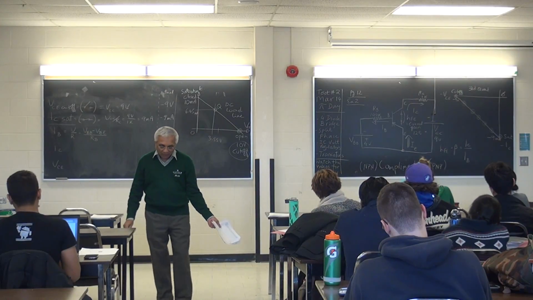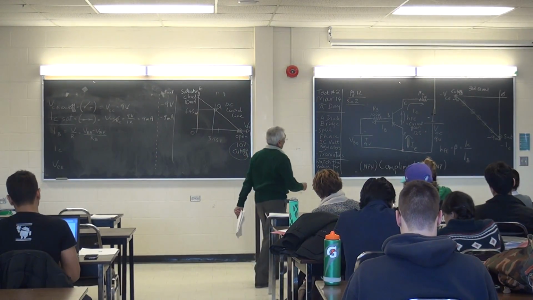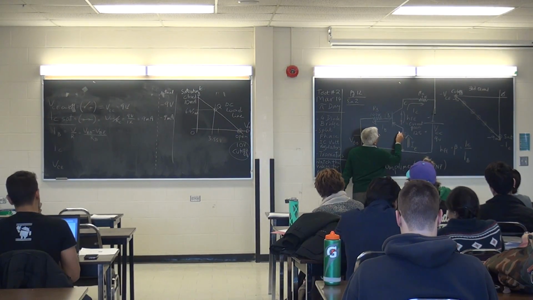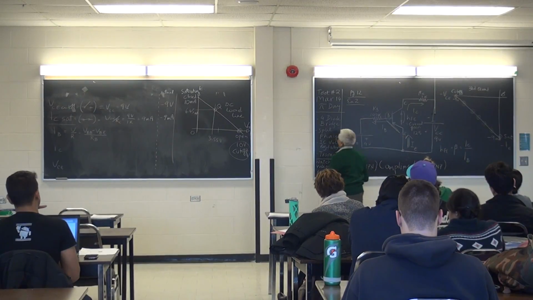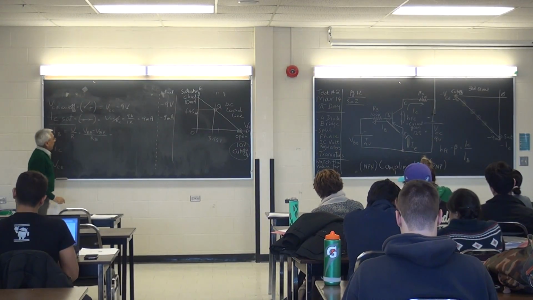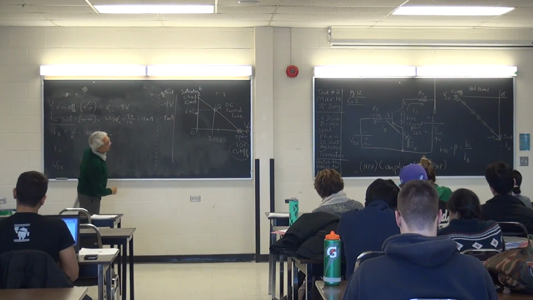I've got VBB, which is my supply voltage. VBE happens to be this voltage here from the emitter to the base, which is always 0.7 because it's a PN junction there. So VBB in my case is given to be 4 volts.